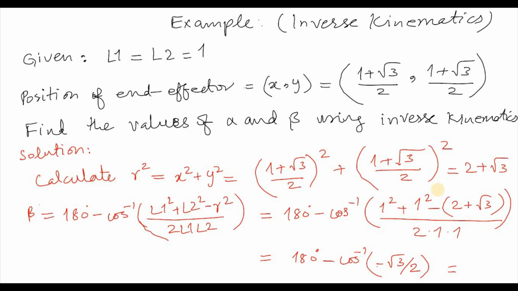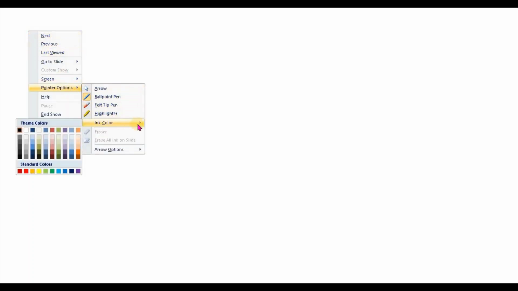let's do it on the other page. Here we have beta. Here we have 180 degree minus cosine inverse of minus under root 3 by 2.